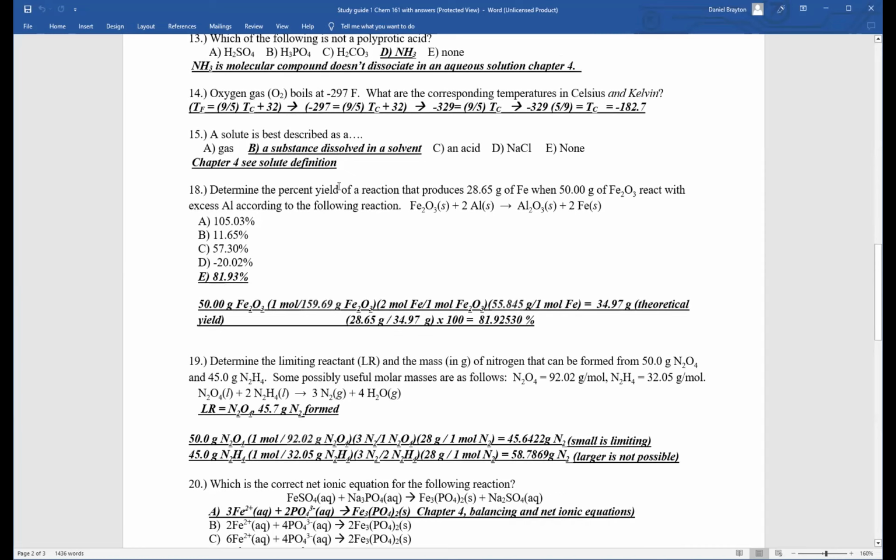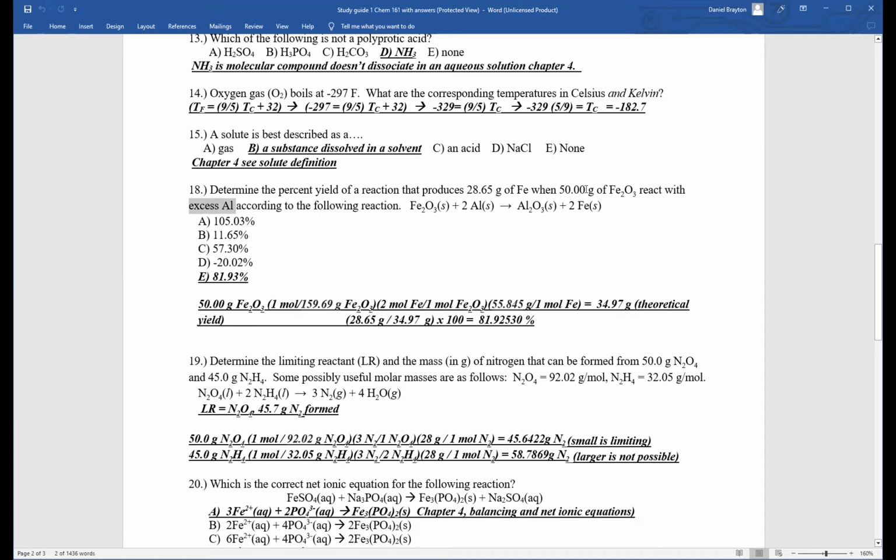Determine the percent yield of a reaction that produces 28.65 grams of iron when 50 grams of iron oxide reacts with excess aluminum. So this isn't a limiting reagent problem since it's telling you excess.